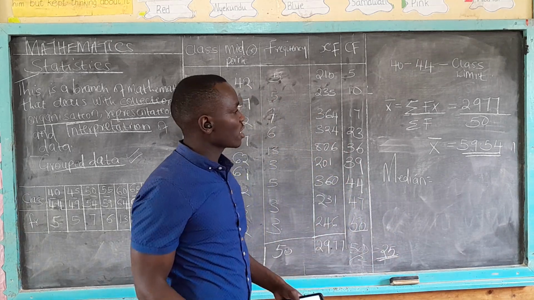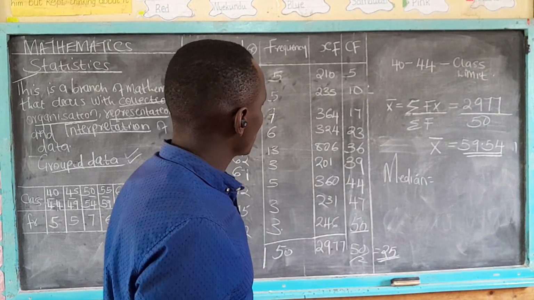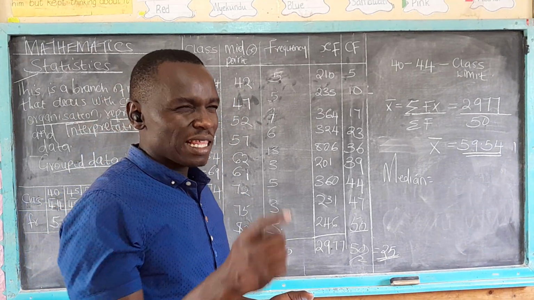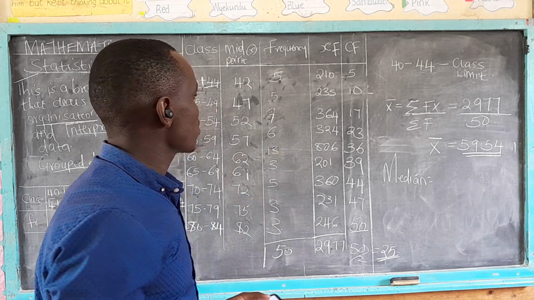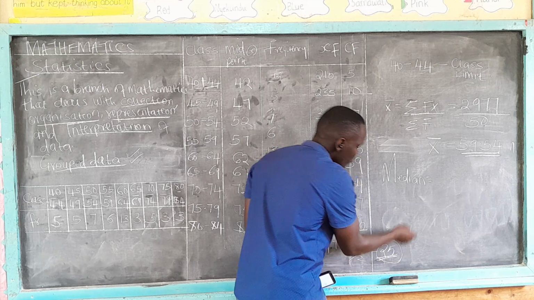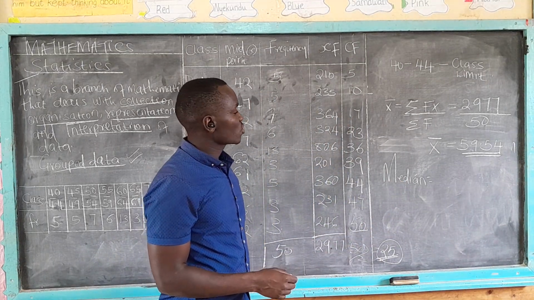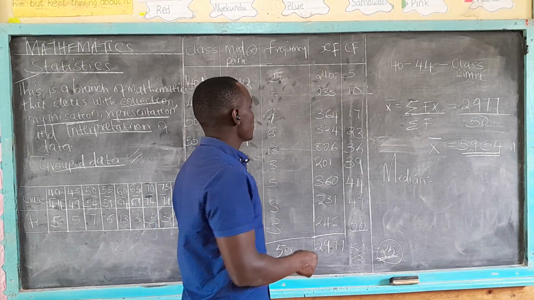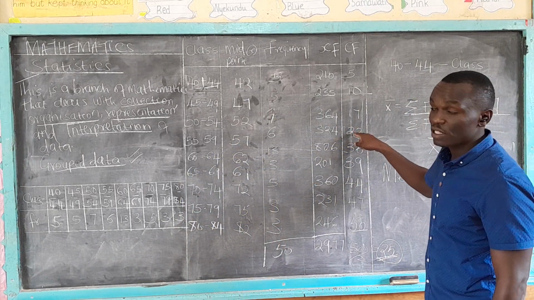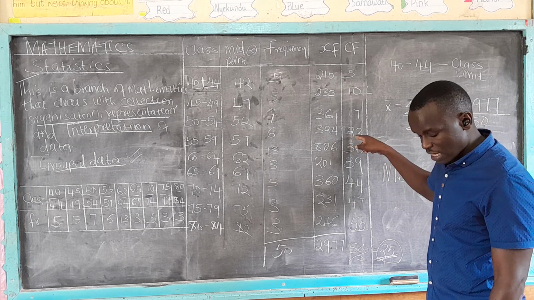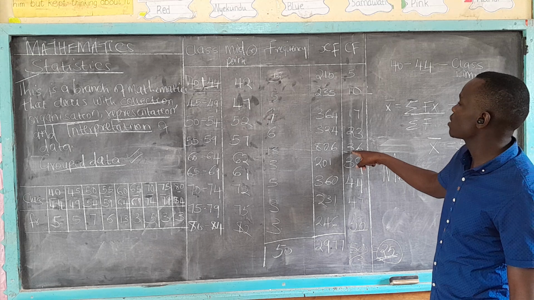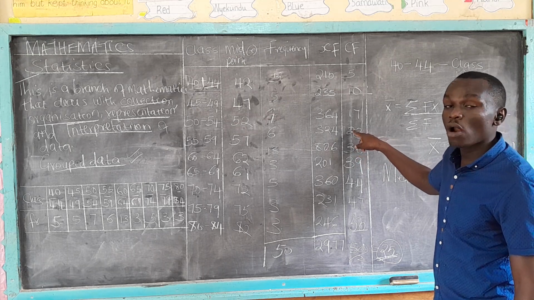When you get 25, it is at the middle section of the frequency, and you ask yourself, in which class does 25 lie? 25 doesn't lie in the class with the cumulative frequency of 23. It lies in the one that has 6, because 23 is smaller than 25.